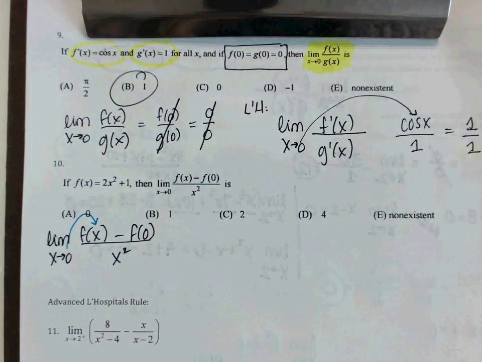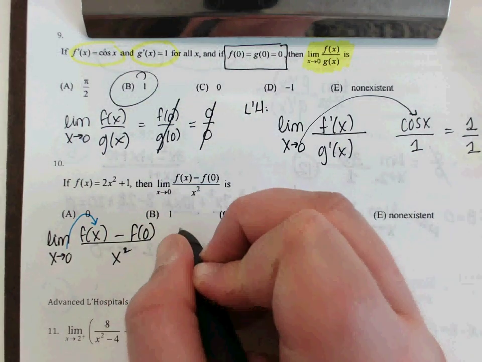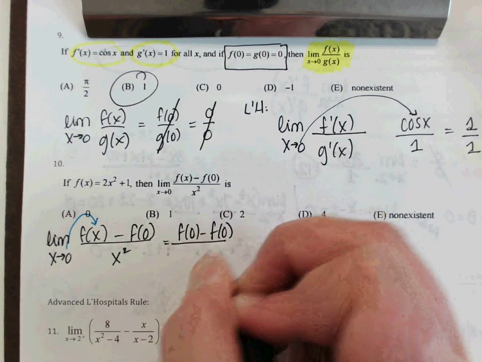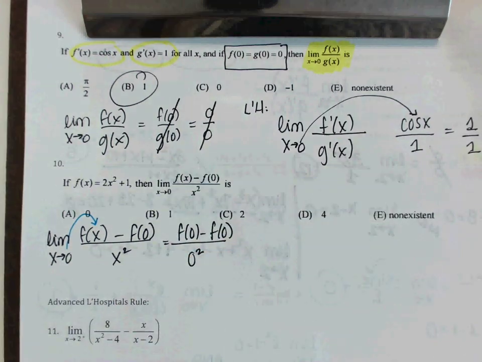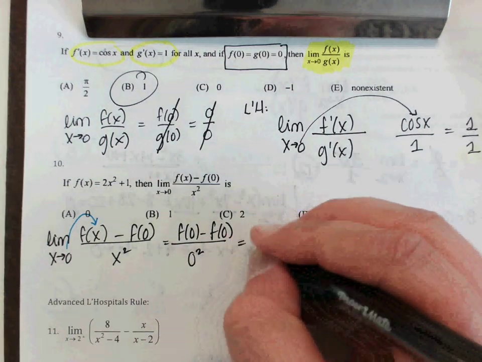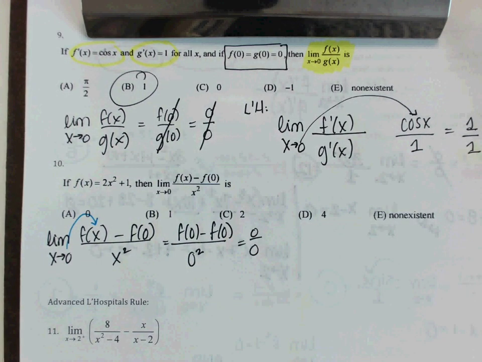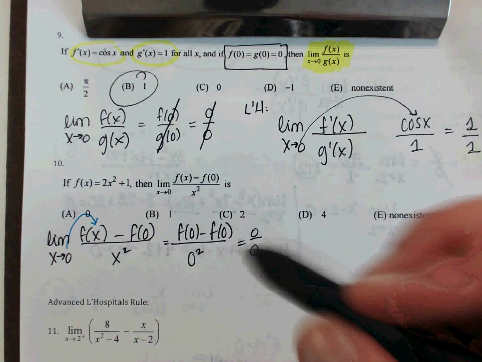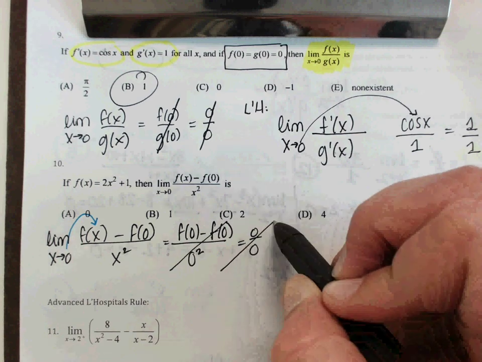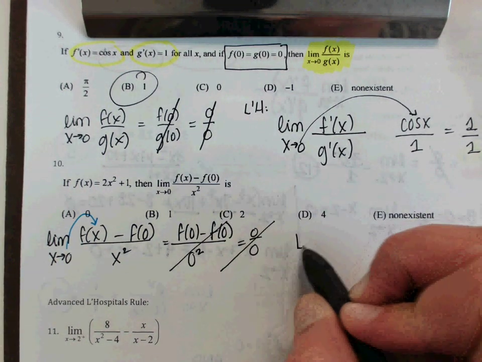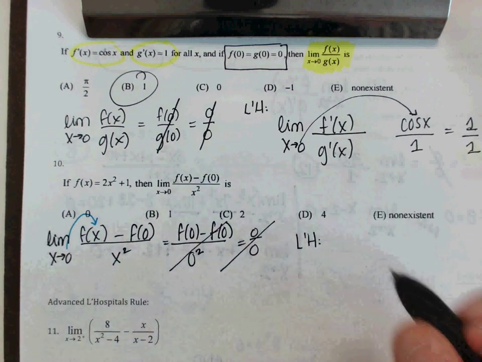But when I plug that in, the top now says f of 0 minus f of 0 over 0 squared. That gives me 0 over 0, which is the indeterminate form that tells you can't do it, you have to do L'Hopital's rule. So I'm going to cross these out, because I know I can't do that, and I'm going to take the derivatives of the top and the bottom.